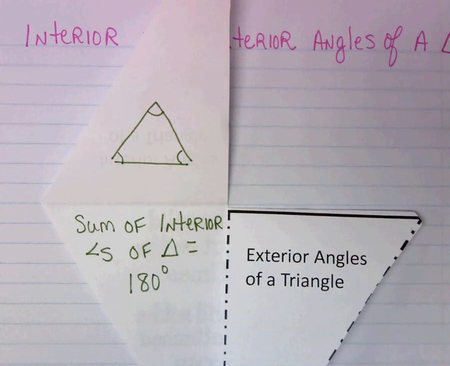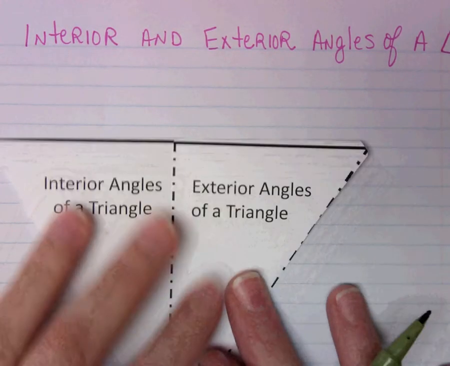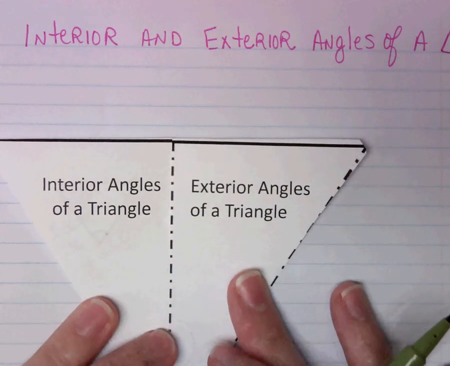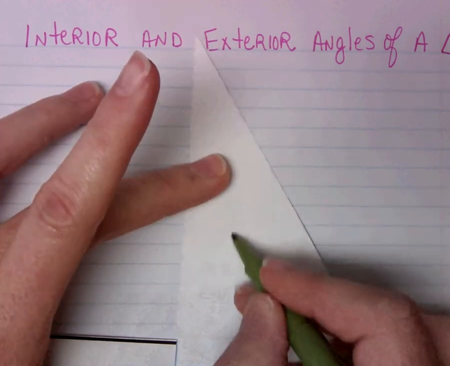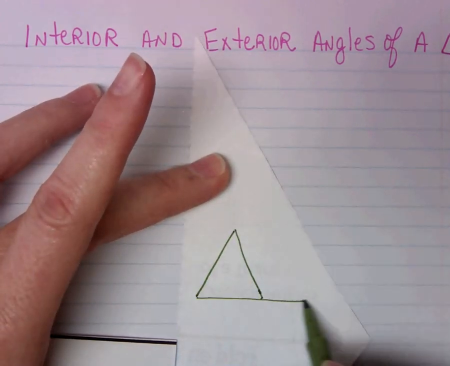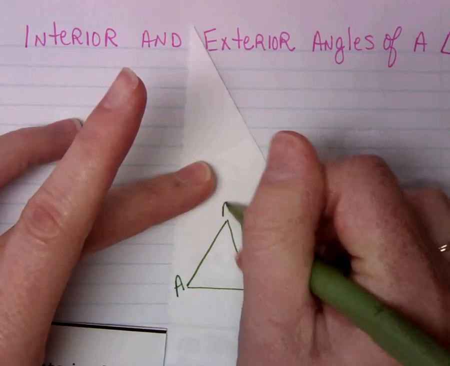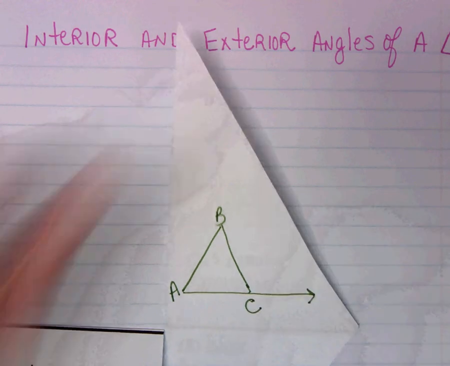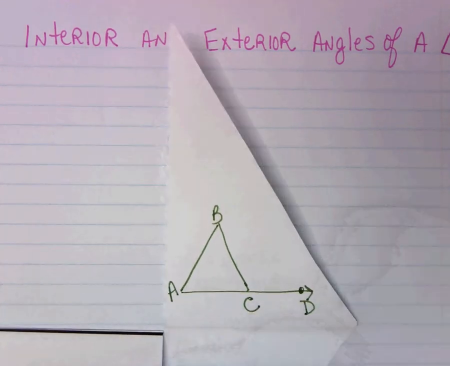Very simple. Now, the next one might be a little bit trickier. We're going to talk about the exterior angles of a triangle. So I'm going to draw you a picture, and I would encourage you to draw this picture as well. I'm going to go ahead and label our triangle ABC so that we can see that. I'm going to put a point here and label it D. Okay?